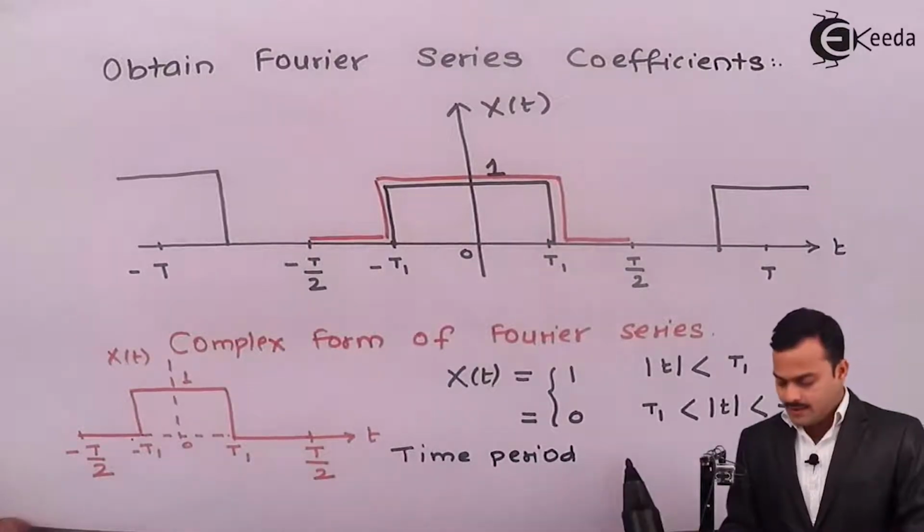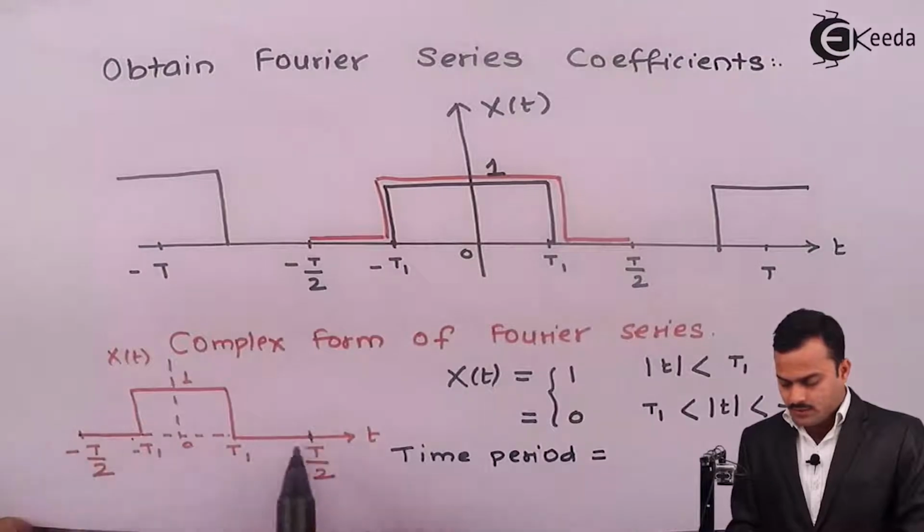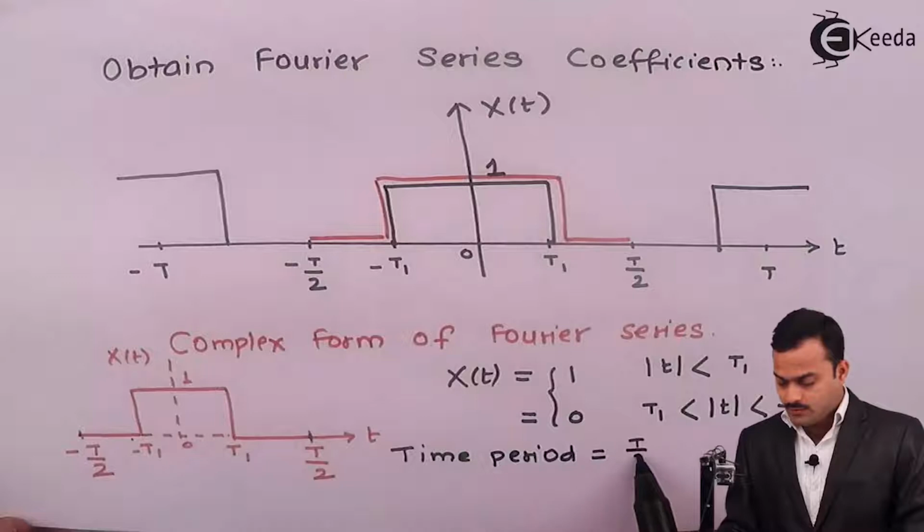And how to obtain that? It is quite simple. The upper limit is T by 2 and the lower limit is minus T by 2. So it will be T by 2 minus minus T by 2.